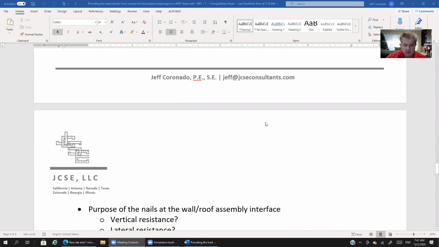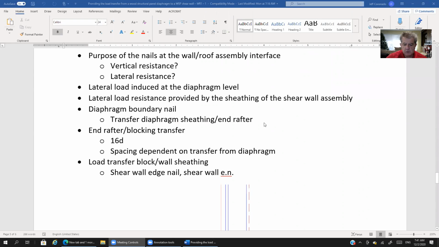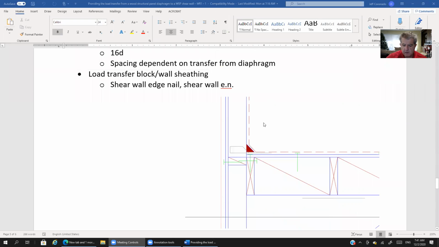But let's move on to the next aspect, the next part of the load transfer here, which we haven't covered. Right in here, there is a nail there.